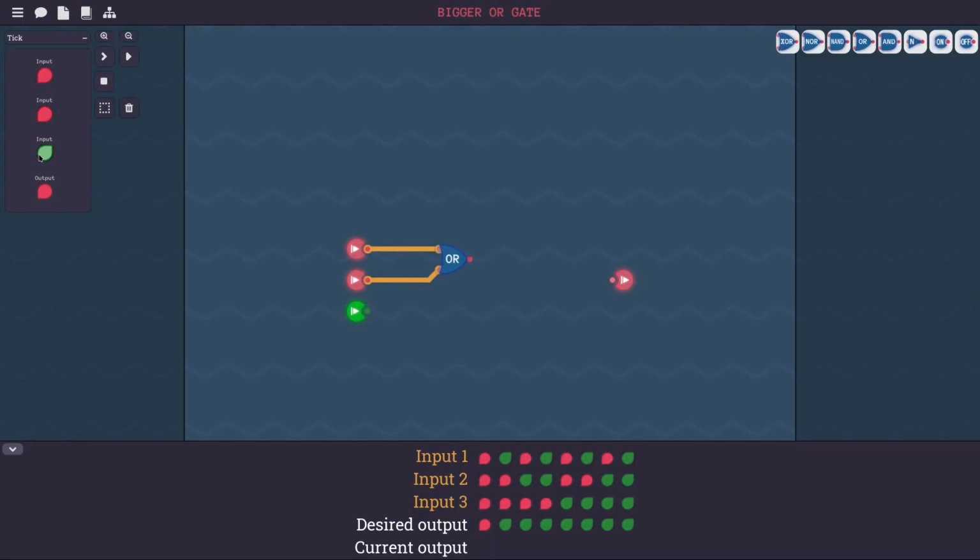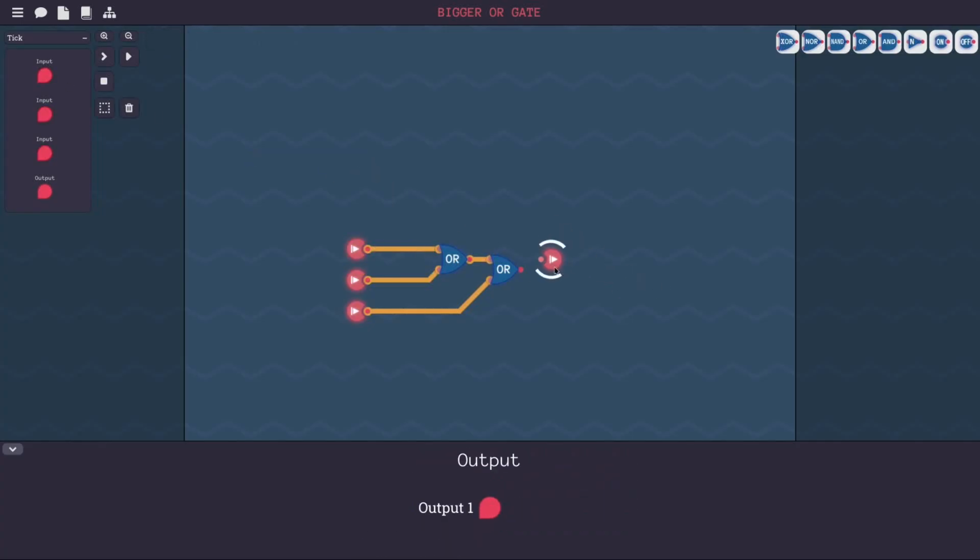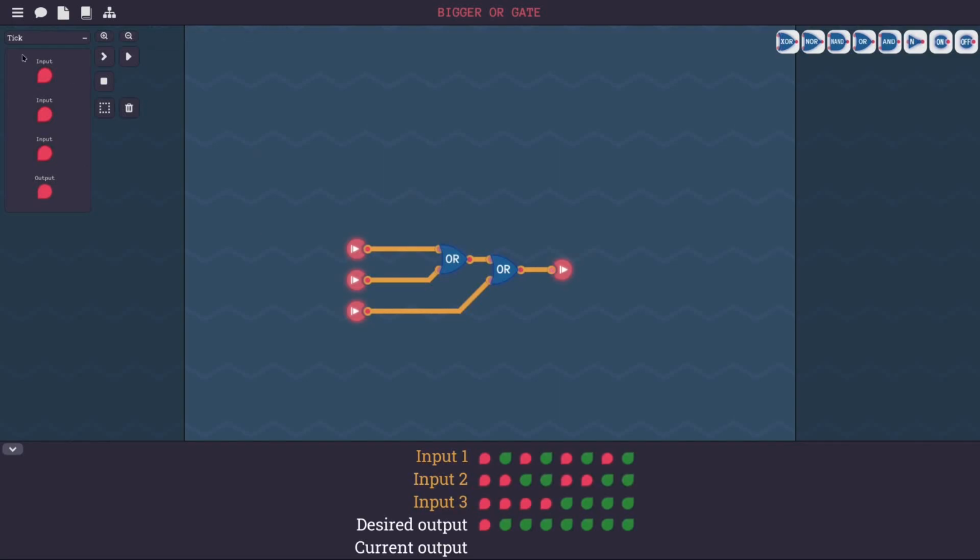It only doesn't work when this is on. But if either of these is on, it does work. So we just need to add another OR to include this, and then works, works, works. I guess I don't need to check every computation manually. But as you can see, it's pretty straightforward to make OR gates into a 3-input.